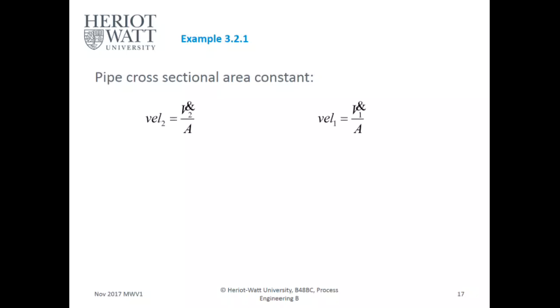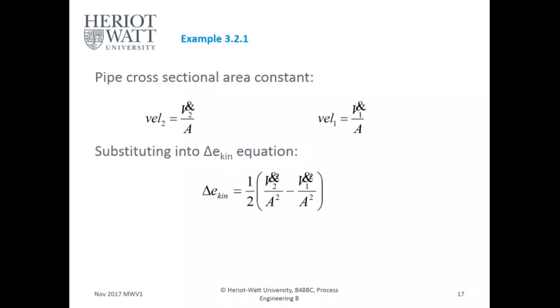Hence, if we know the pipe cross-sectional area and we know it's constant, the velocity equals volume over area. So second volume over area, initial volume over area. Substituting into the kinetic energy equation, we have a half multiplied by V2 over A squared minus V1 over A squared, the cross-sectional areas.